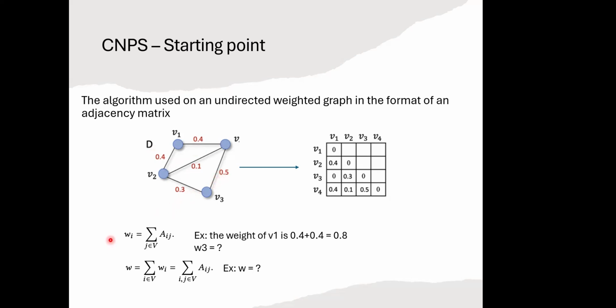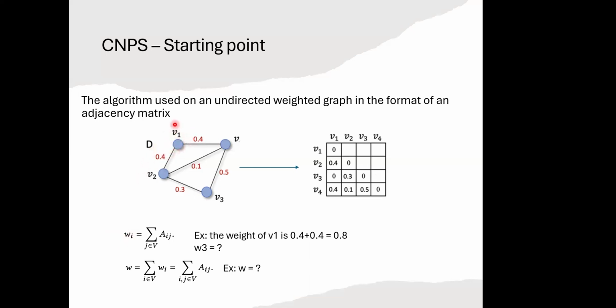Okay, to understand the algorithm, you need to understand 4 probability parts. There will be 2 explained now and 2 later. So we have the Wi, which means the weight of the node i. What is the weight of a node?